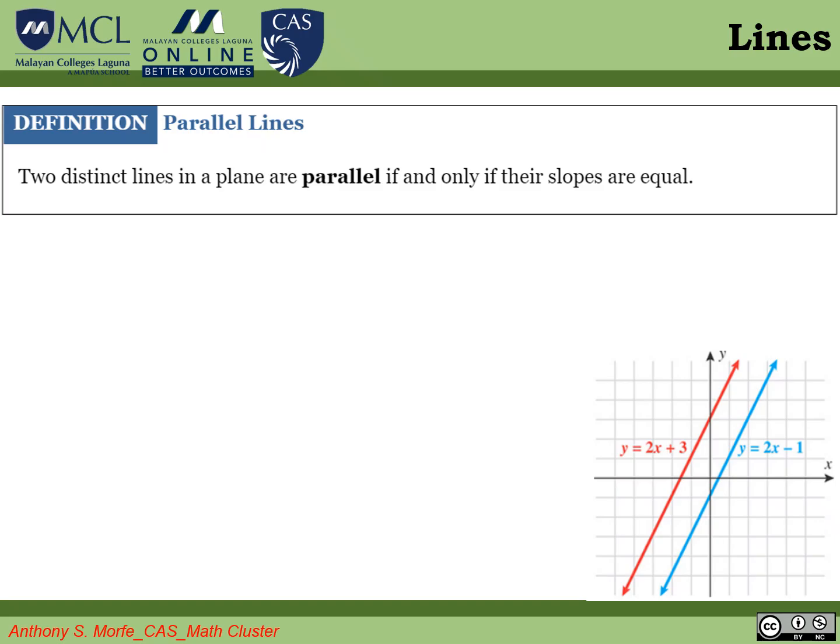So we have here parallel lines. What are parallel lines? When we speak of parallel lines, class, they are two distinct lines in a plane. They are parallel if and only if their slopes are equal.